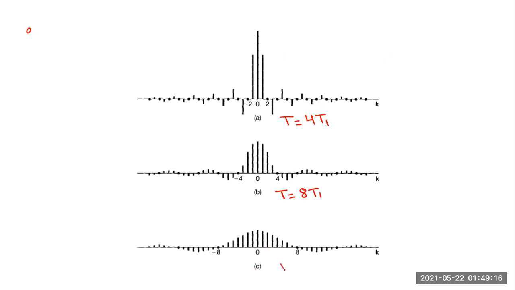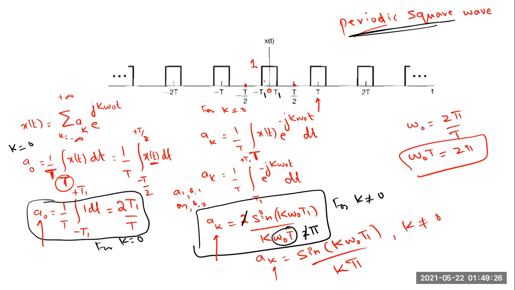And this figure C is plotted for the case when capital T is equal to 16 times T1. And what is T1? T1 is this interval where the signal is non-zero. So we are keeping T1 fixed. Okay, so this T1 is fixed.